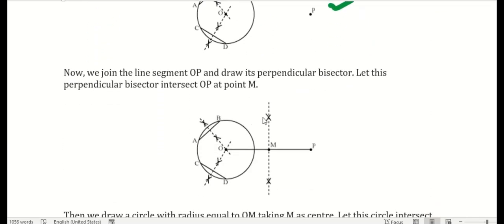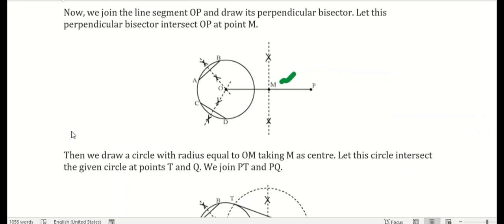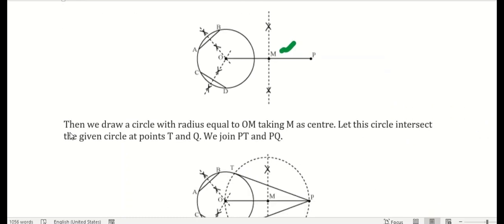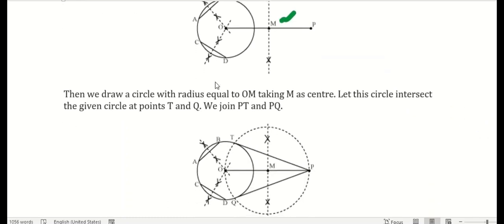Now we join the line segment OP and draw its perpendicular bisector. Let this perpendicular bisector intersect OP at M. Then we draw a circle with radius equal to OM. Taking M as the center, we draw the circle, right?